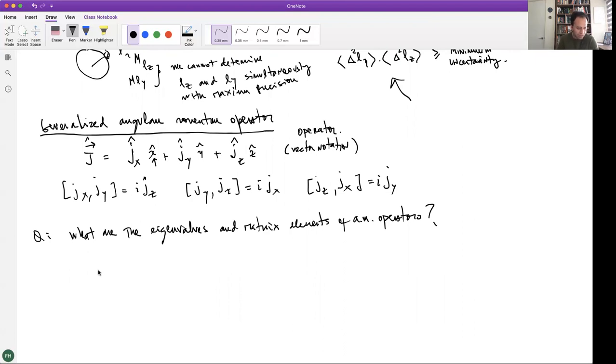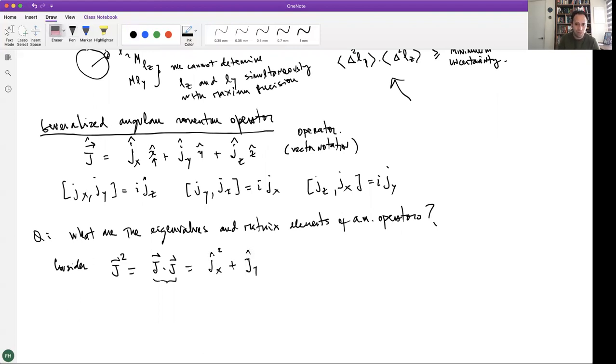Now consider first the square of the angular momentum, J square, which is J dot J. Because the operator behaves as a vector, we can write down a scalar product like this, and then we work out the square of Jx plus the square of Jy, and so on.